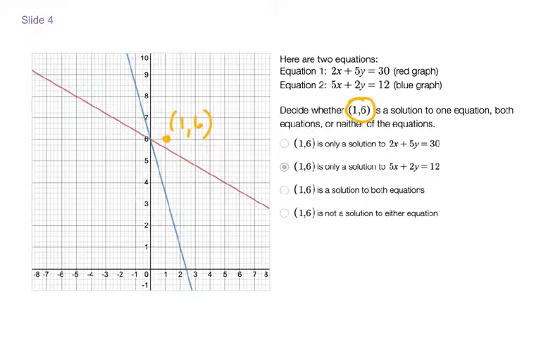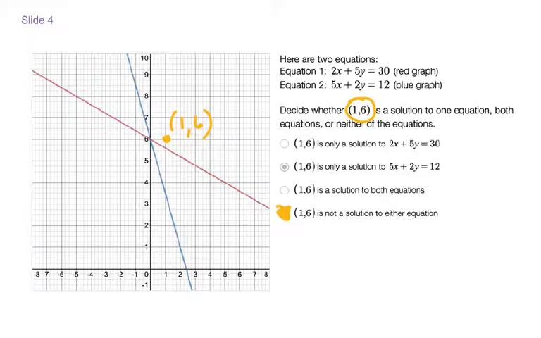As you can see from the graph, 1, 6 does not sit on the blue line, which is the 5x plus 2y, or the red line, which is 2x plus 5y. Therefore, because it sits on neither line, it is not a solution to either equation.